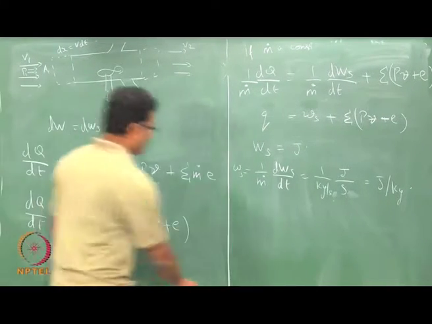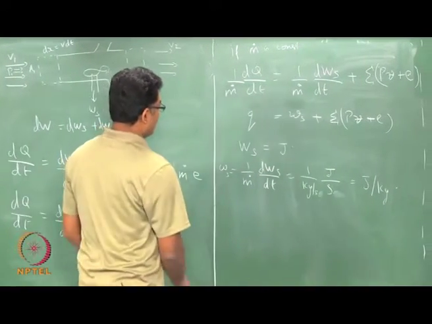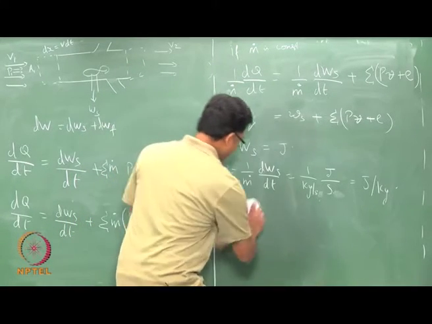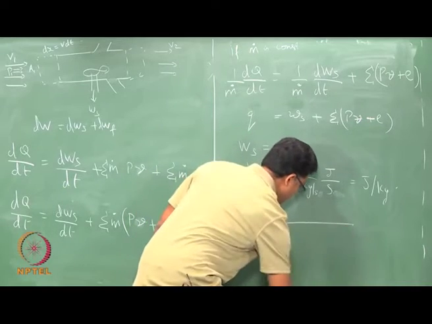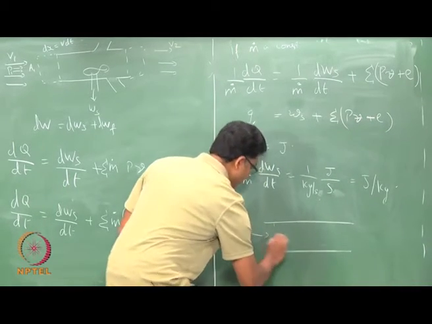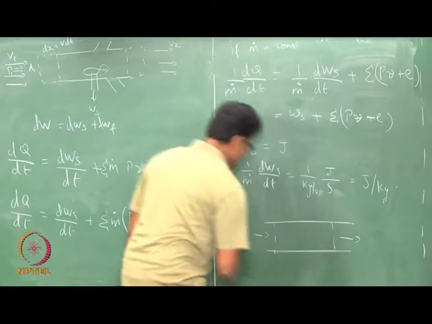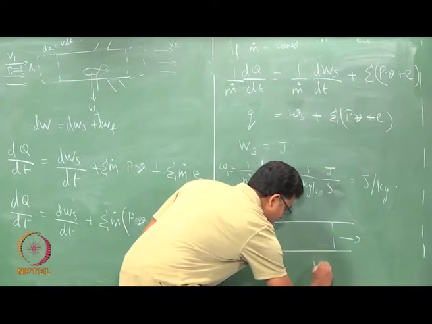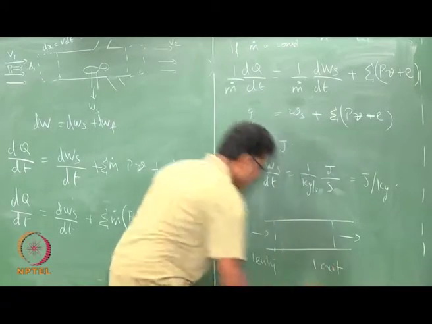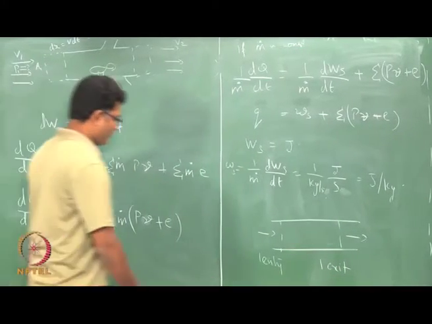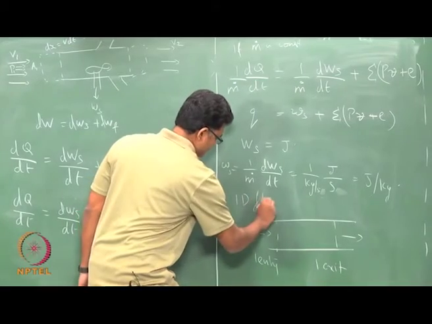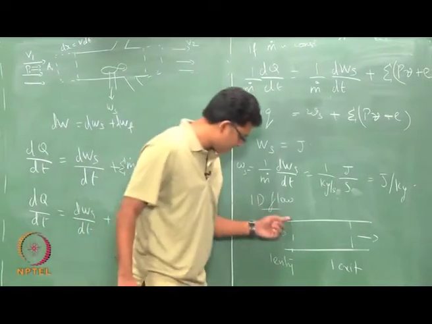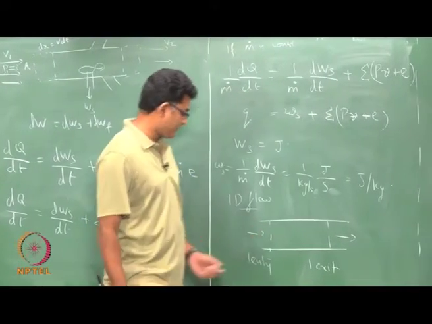Fine. Now, we will see. If I have one entry and again one exit, and it is a 1D flow, the velocity at each of these points in one cross section is the same.